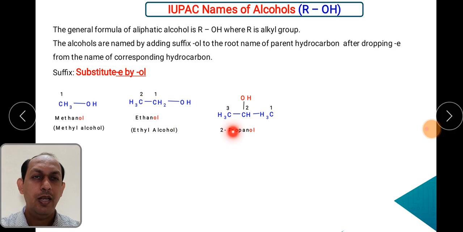Ethanol. Then this is a secondary alcohol. Okay, so 2 position OH group. यहाँ पे नंबरिंग आप ऐसे साइड से करेंगे जिससे OH को कम से कम नंबर आए. So the OH group should get the lowest or minimum number. 2-propanol, it is a secondary alcohol.